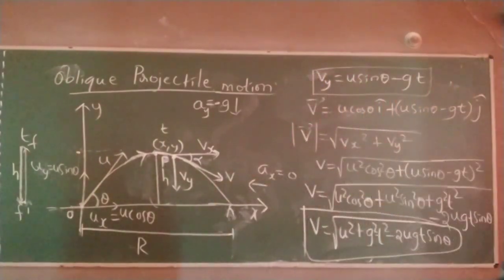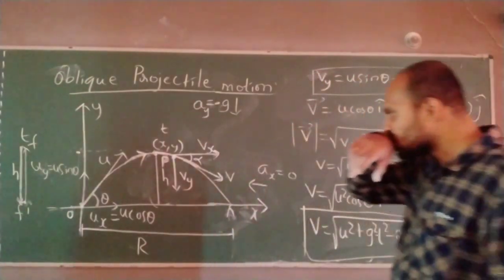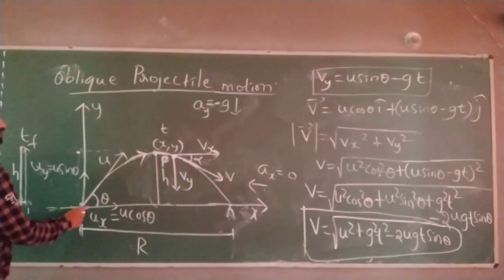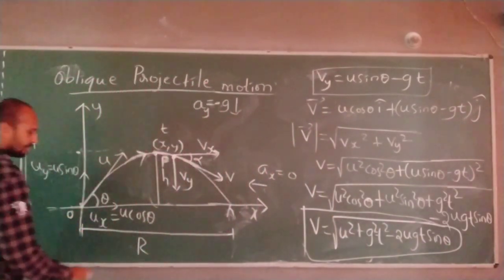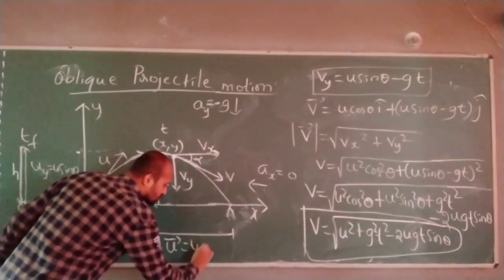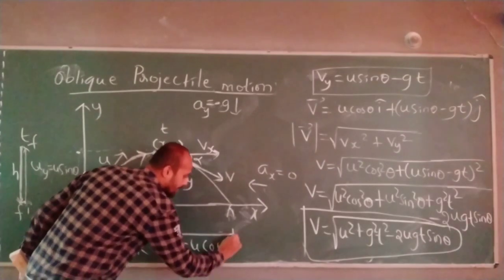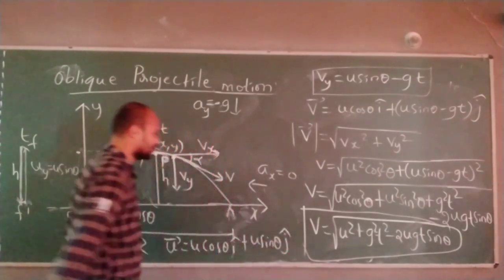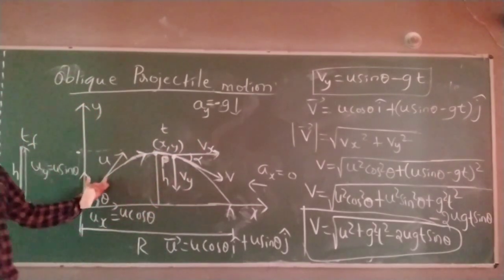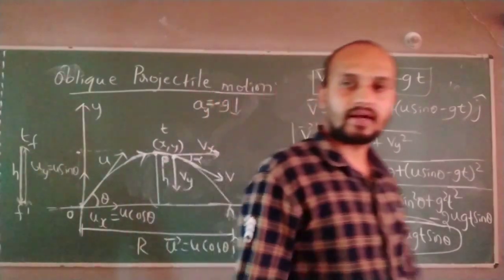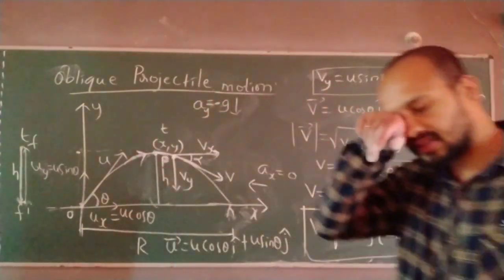Correct? Here you can still write one more equation: vector u is u cos theta i cap plus u sin theta j cap. If you want to write in terms of vector i, j, you can write it. There is no problem in that.